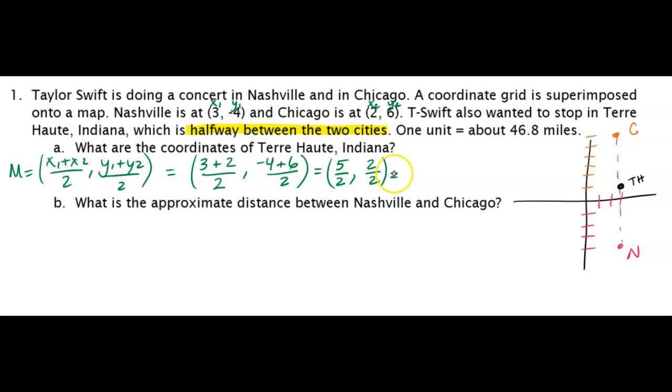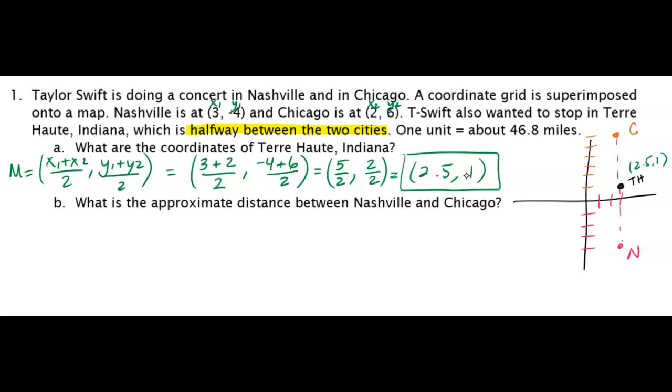And then 5 divided by 2 is going to give me a decimal, and that's okay. So I'm just going to write down that it's 2.5, positive. And then my next one is 2 divided by 2, which is 1. So my midpoint here, halfway between, is 2.5, 1.